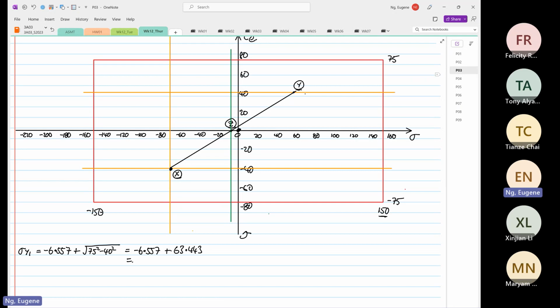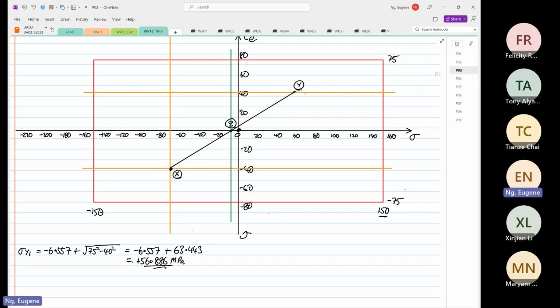So this is equal to minus 6.557 plus 63.443, which is positive 56.886 megapascal.